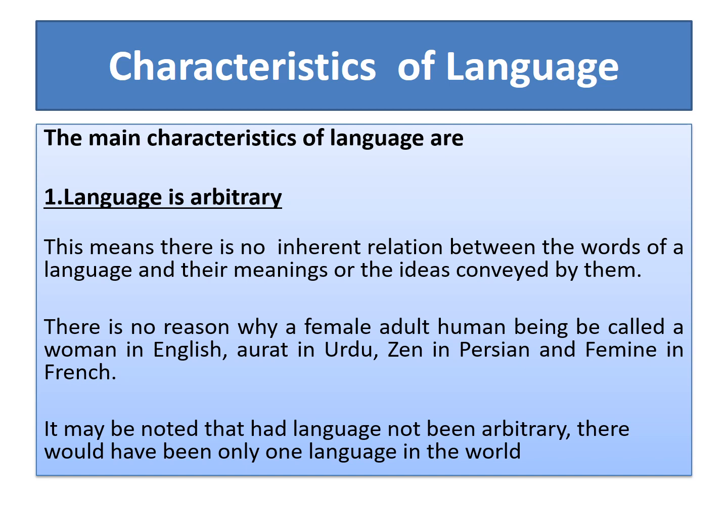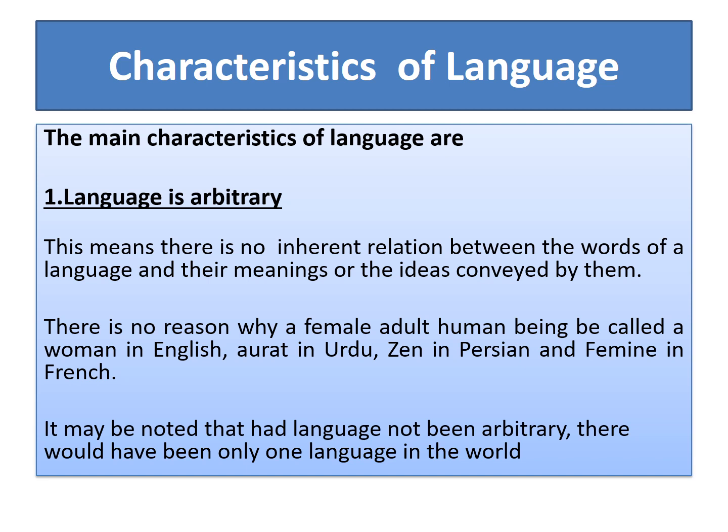Now, this means that there is no inherent relation between the words of a language and their meanings or the ideas conveyed by them, right? So we just choose a certain combination of sounds in any language, and we establish, or we set its meaning, that this is what it means. But inherently, though, that combination of sound does not exactly refer to the same thing.